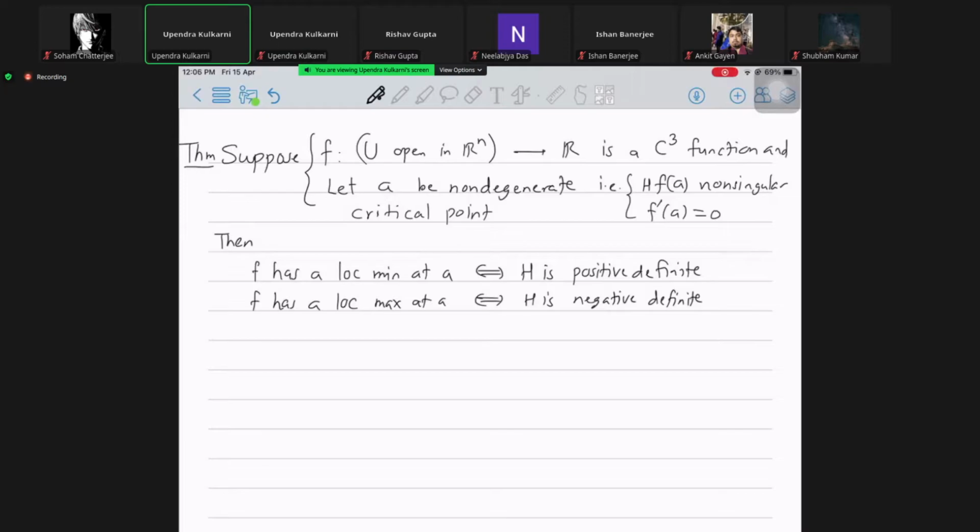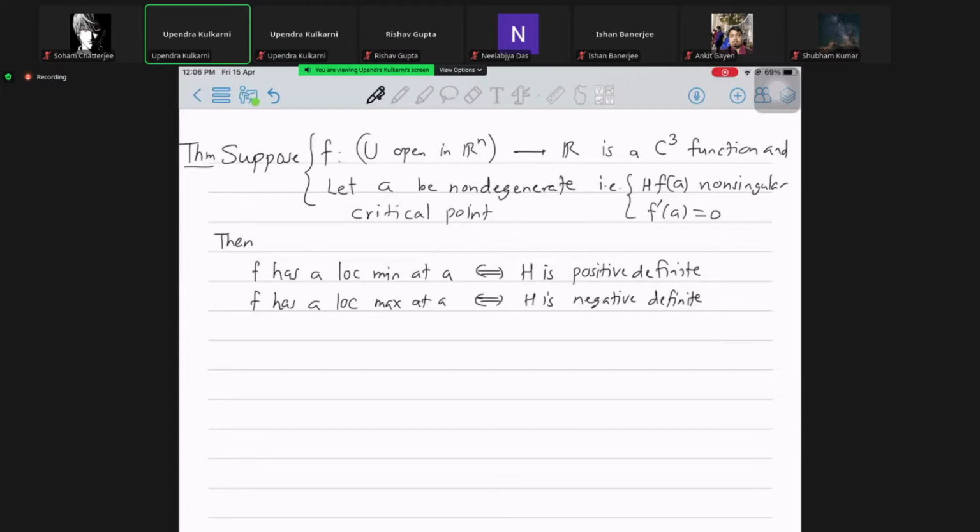So does a non-singular symmetric matrix have to be positive definite or negative definite? No, it's certainly not necessary. I'm given that all eigenvalues are non-zero because the matrix is non-singular. But it may very well happen that some eigenvalues are positive and some eigenvalues are negative.